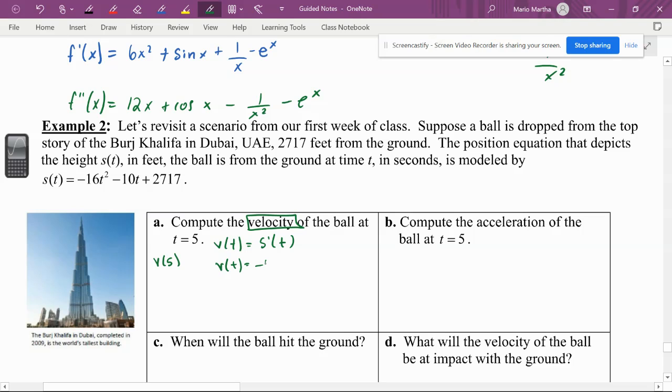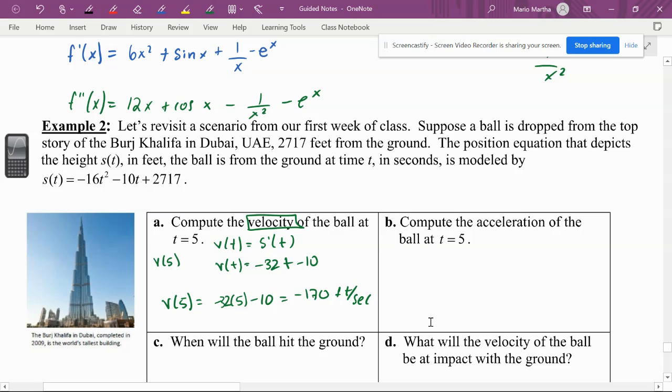That gives us negative 32t minus 10. And then we want to find v of 5. So that would be negative 32 times 5 minus 10. And that would give us a total of negative 170 feet per second. So this ball is dropping at a rate of negative 170 feet per second.